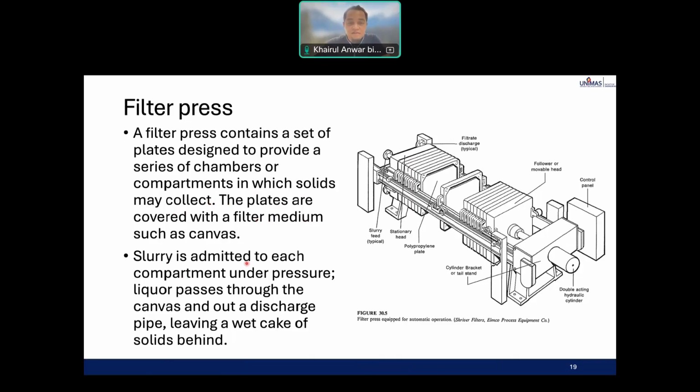Slurry is admitted to each compartment under pressure. Liquor passes through the canvas and out the discharge pipe, leaving a wet cake of solid behind. Okay, so this is a filter press.